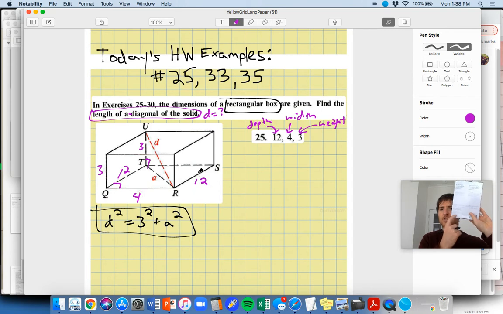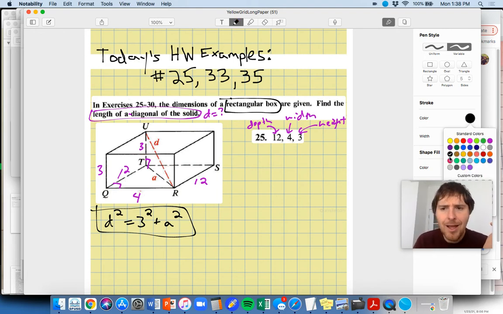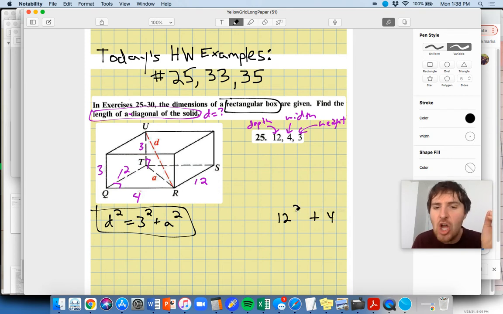A rectangle has a right angle here, here, and here. So this is a right triangle with a leg of 12 and another leg of 4. And we know the sum of the squares of the legs equals the square of the hypotenuse. And the hypotenuse here is A, right? Length A. We don't know it yet.